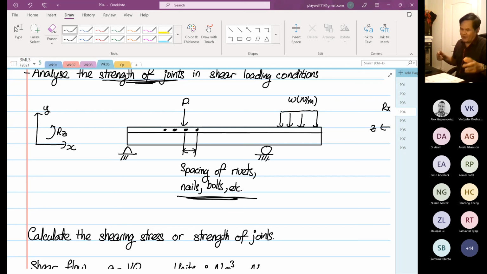Because you have a stove on top, the weight is a constant applied load. Some of these stoves are like 3 human beings weight into a small area. So what is the spacing of the bolts or the nails, what are the intervals? Things like that. So I find this really useful.